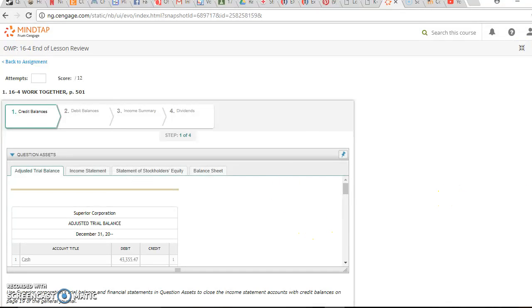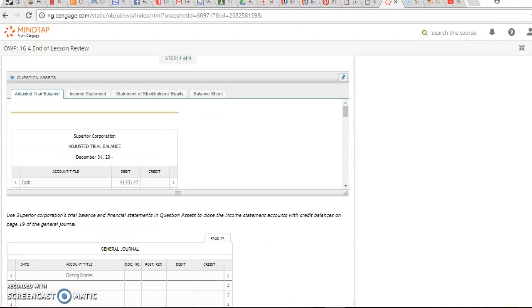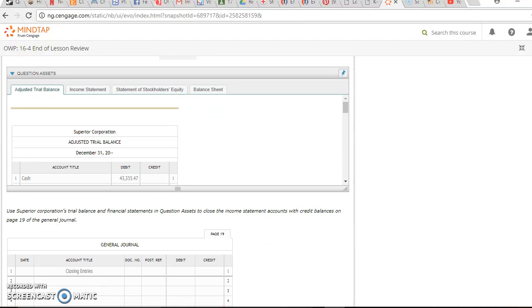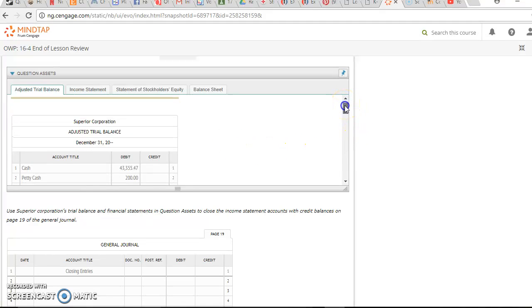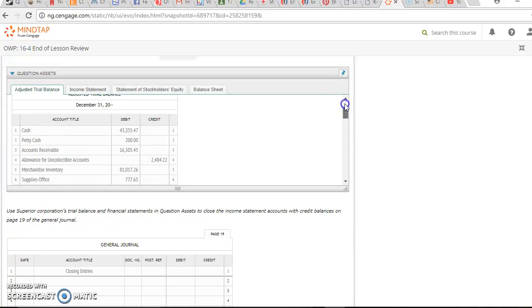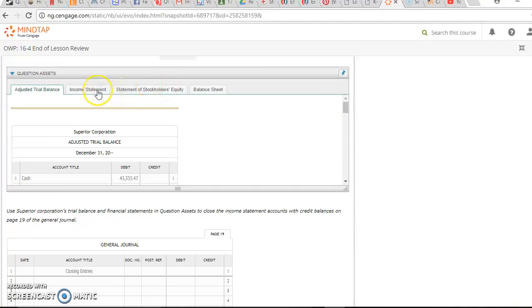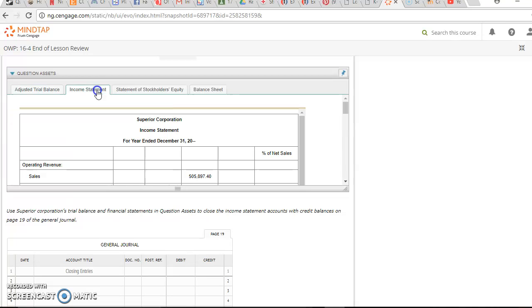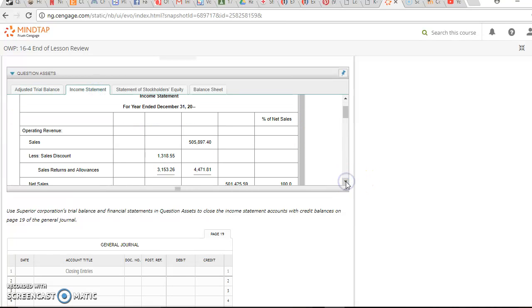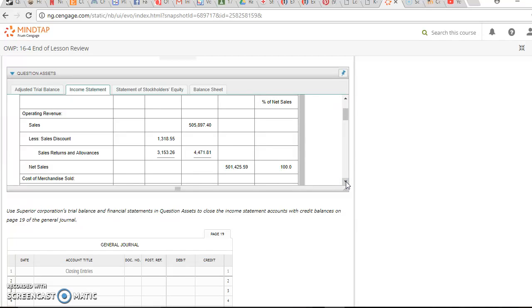Alright, so they give you an income statement and the statement of stockholders' equity and a balance sheet. We have the Superior Corporation still. Okay, so remember that we're going to first post our revenue or income statement credit columns, okay?